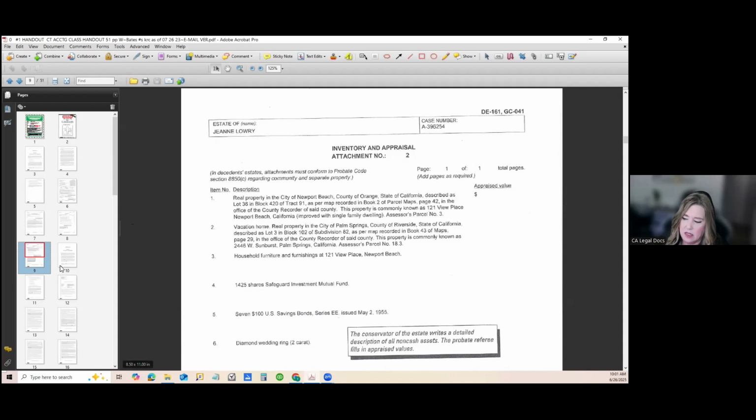It's just considered a cash asset. But again, very helpful, because I've referred to it many times myself when I've completed these. I will go to the probate referee's manual guidelines, it's something like that, and I will look up some assets and who should value them.